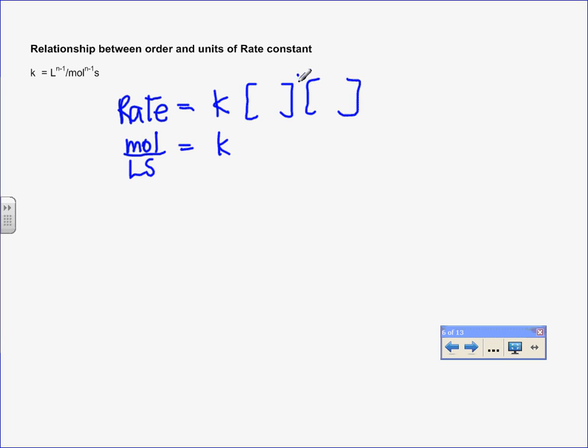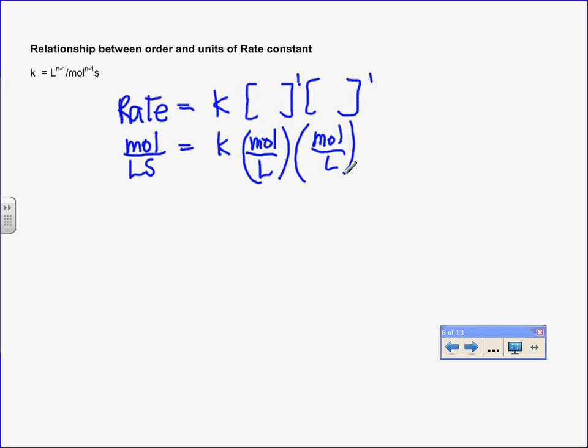So in the example that we had, if both of the concentrations are first order in the rate law, this is going to be mole per liter, this is going to be mole per liter.